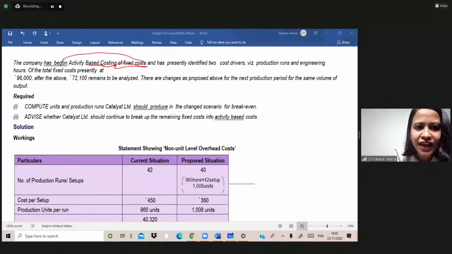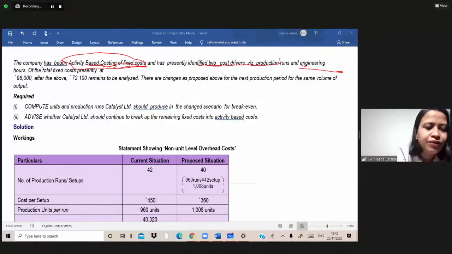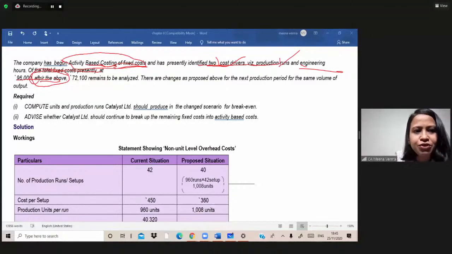They have applied activity-based costing on fixed cost and have presently identified two cost drivers. Since the company has identified only two cost drivers, of the total fixed cost, presently the total fixed cost is this. After the above, remember this line is mentioned here. After the above means after considering two cost drivers, the cost will remain this.